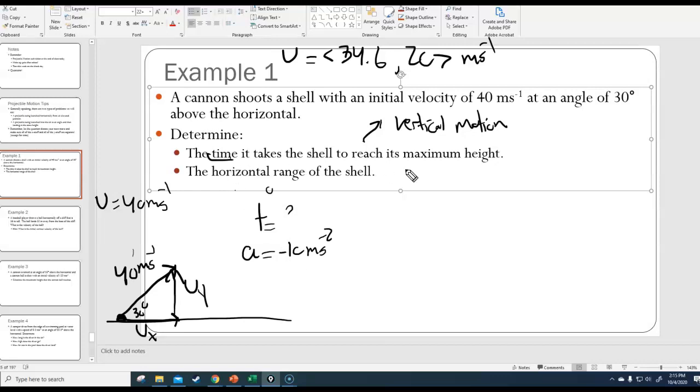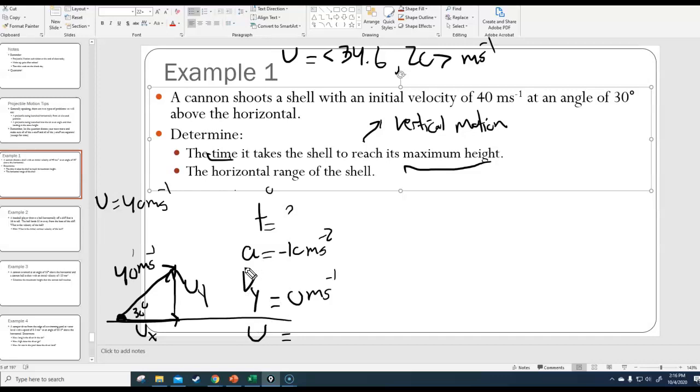I know that when it reaches its highest point, its maximum height, it stops moving. Or more specifically, it doesn't stop moving, but it stops moving up, which means that the final velocity, or specifically the y component of the final velocity, is going to be 0 meters per second. Okay, what is the initial velocity? Do I have the initial velocity? Yes. Okay, and here's another place people make a mistake.